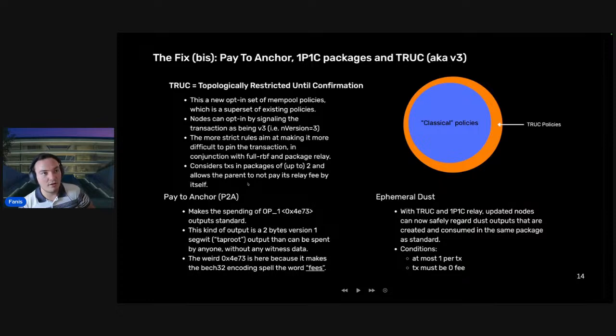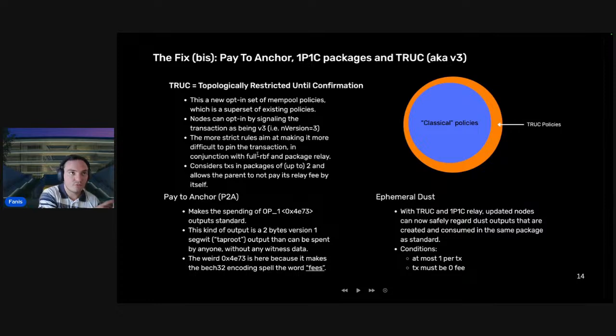It's called cluster mempool, and it will come in due course. But for now, we have what we call 1P1C, so one parent, one child package. And so we could say that one parent, one child packages are a part of the V3 transactions update.